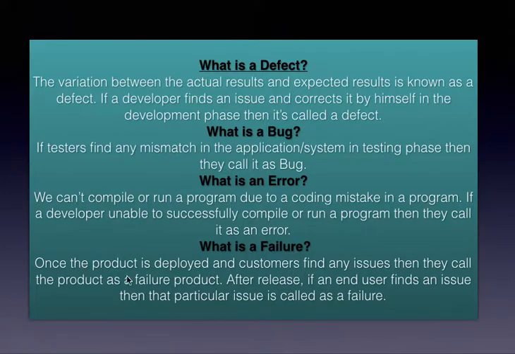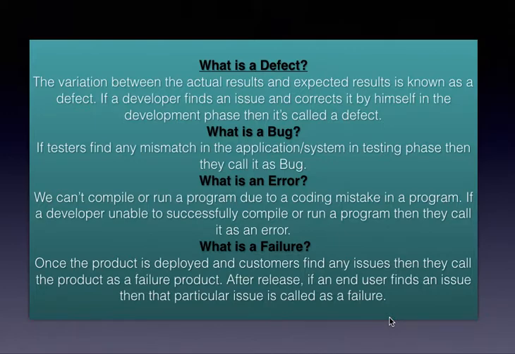What is a failure? Once a product is deployed and a customer finds an issue, then they call the product a failure product. Deploy means when you deliver your product to the client, that is deployed. After release, if an end user finds an issue, then that particular issue is called a failure.